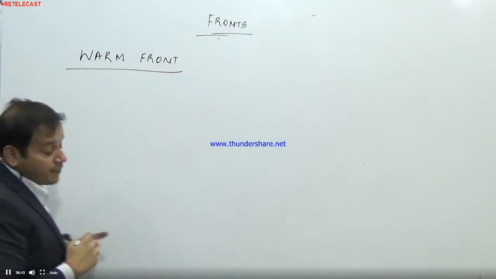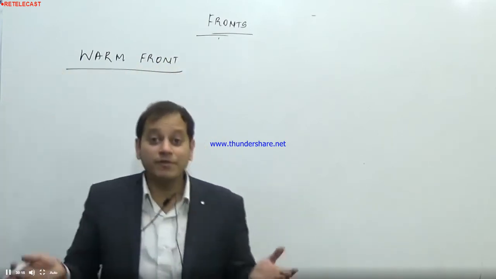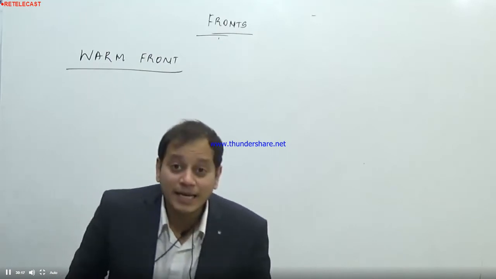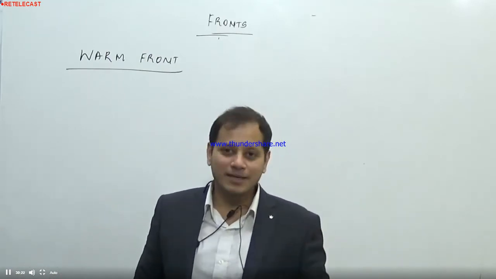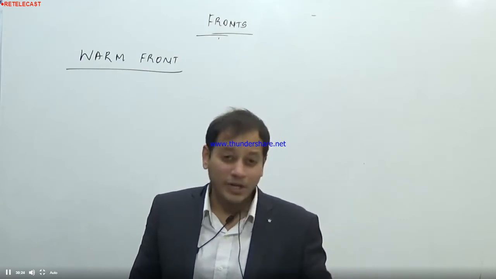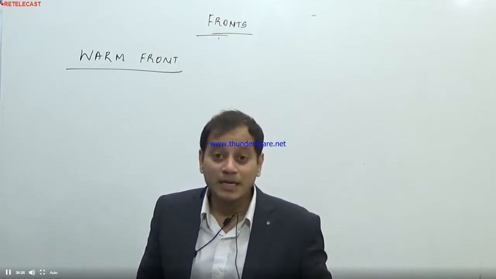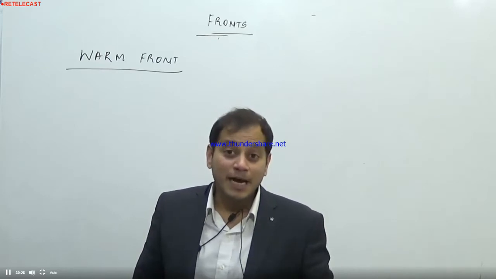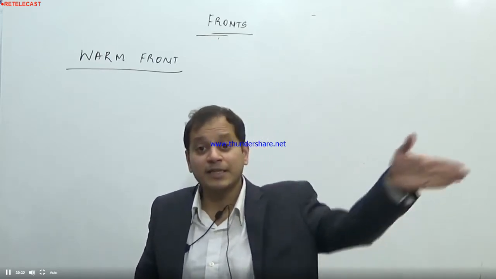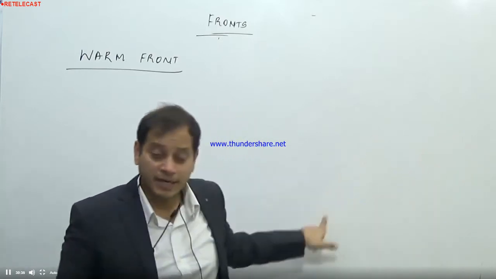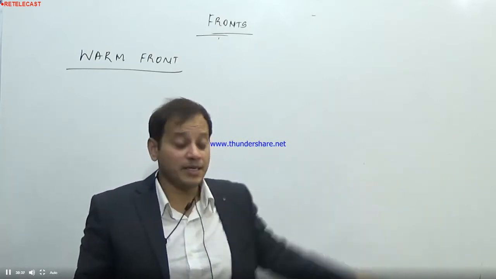What is a warm front? As I told you, a warm front is formed in the area where the warm air is active. What area will be the area where warm air is active? Warm air will be active in an area where it voluntarily invades the area of a cold air, that is, in the previous diagram, the semicircle area.